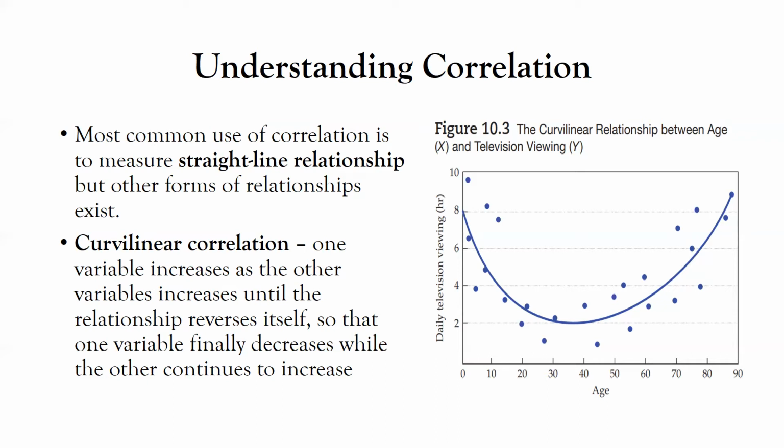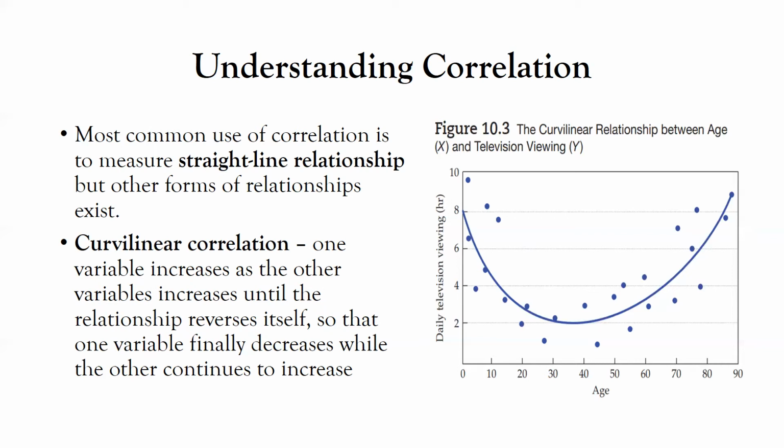But there are other relationships too, such as a curvilinear relationship, wherein the data seems to suggest a straight line relationship in the beginning, but as we look at the data more, we will find that the relationship begins to reverse itself. Such that from a straight line relationship, the pattern suddenly changes, wherein one variable begins to increase while the other decreases.